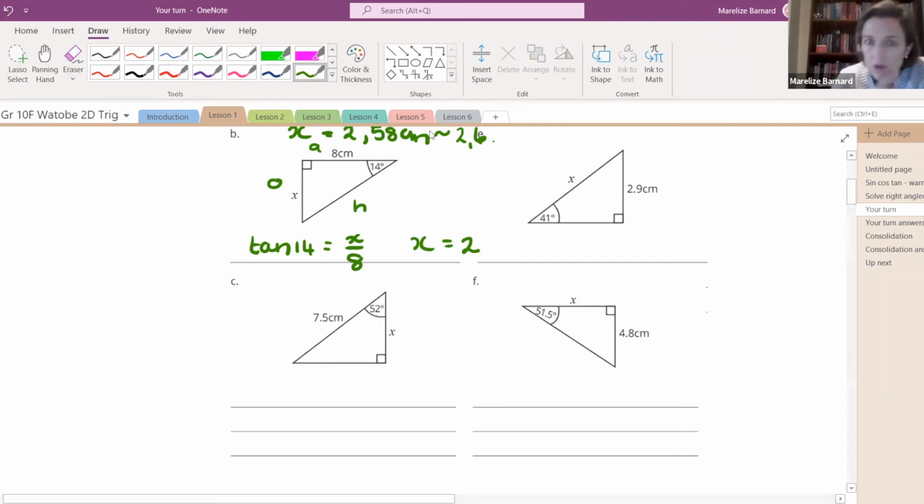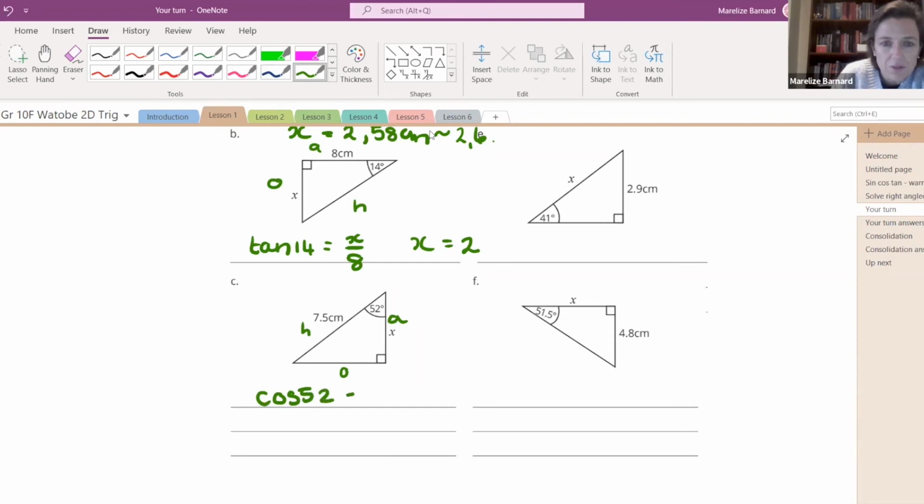Okay, and then the last one, we've got adjacent, hypotenuse, opposite. So if we're going to use adjacent and hypotenuse, that is going to be cos. Cos of 52 is x over 7,5.